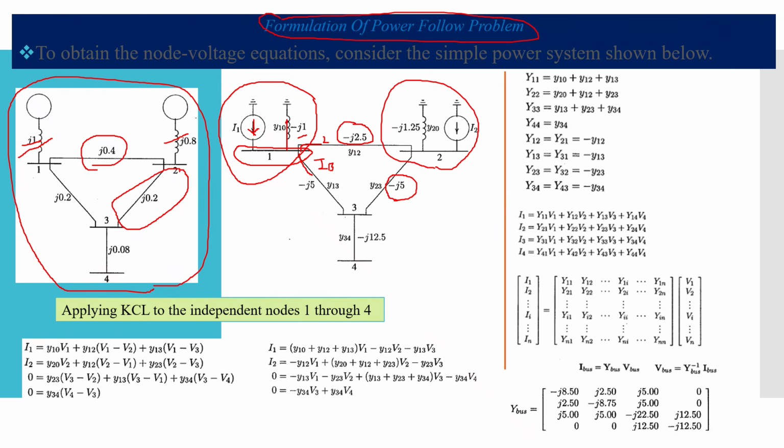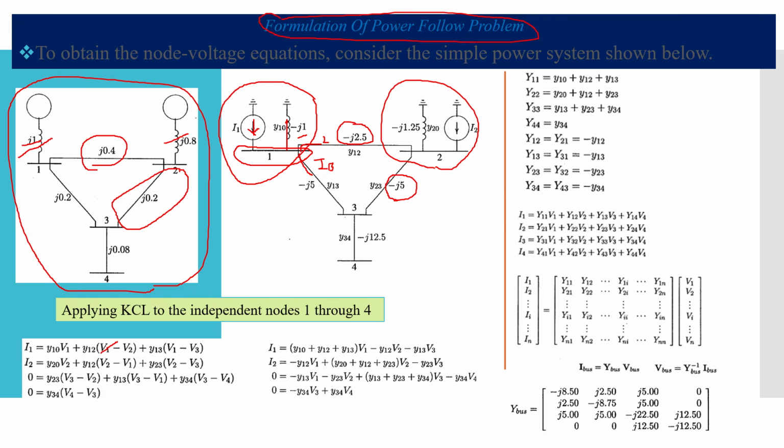Then the admittance from bus 1 to bus 2 is represented as Y12, and the current flowing from bus 1 to bus 2 is V1 minus V2 multiplied by the admittance. So this is the current flowing from bus 1 to bus 2.